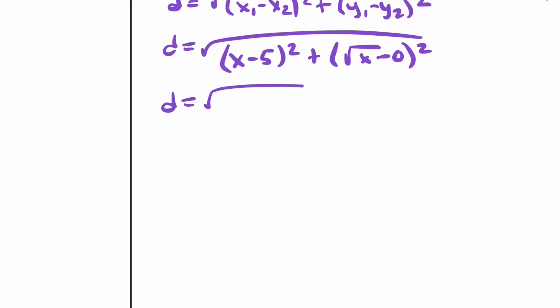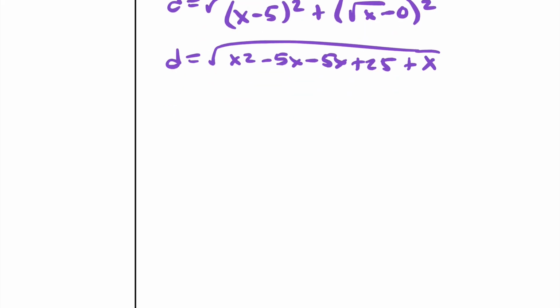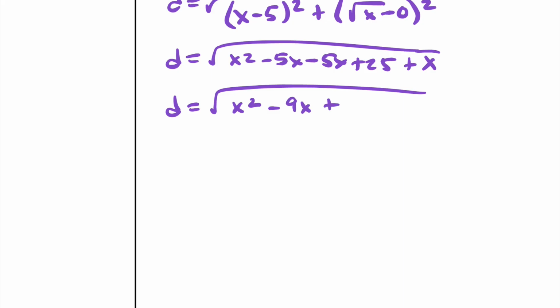Let's clean it up a little bit. So x squared minus 5x plus 25 plus the square root of x squared is x, the absolute value of x. So my new distance is x squared minus 5 plus 1 is minus 9x plus 25.